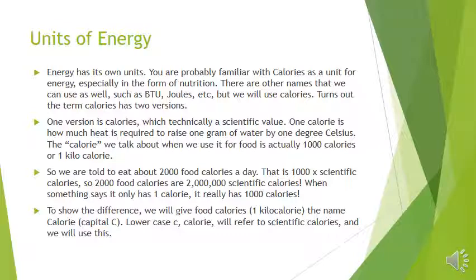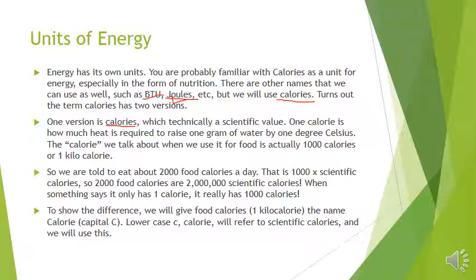There are other units as well, such as BTUs and joules, which are more specific for different kinds of things. We will use calories. It turns out that calories actually have 2 versions. One version is the word calorie, which is technically a scientific value: 1 calorie is how much heat is required to raise 1 gram of water by 1 degree Celsius.